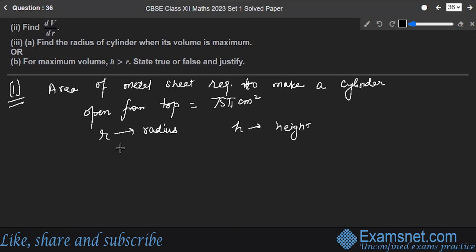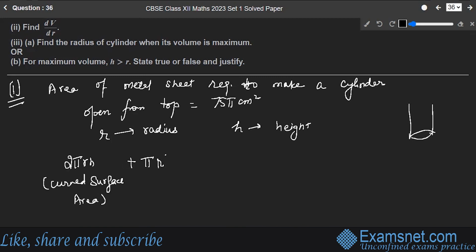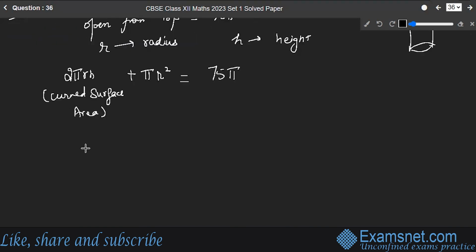Now the cylinder is open from the top. So cylinder is somewhat like this, right? First, you will get the curved surface area that is given by 2 pi r h, plus the bottom surface area, which is equal to pi r square. This is equal to 75 pi. So let's solve this. I'll take pi common. I have 2rh plus r square is equal to 75.